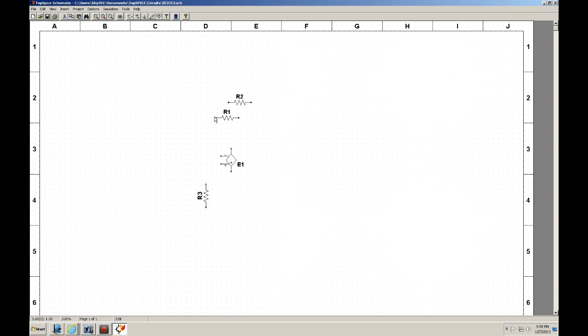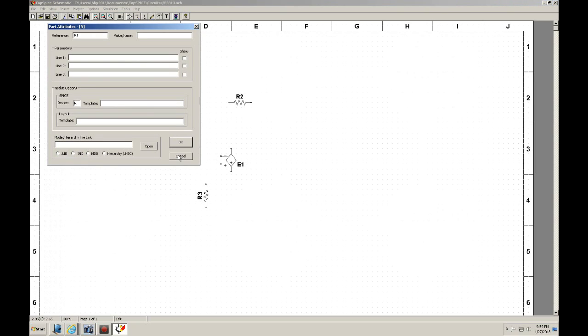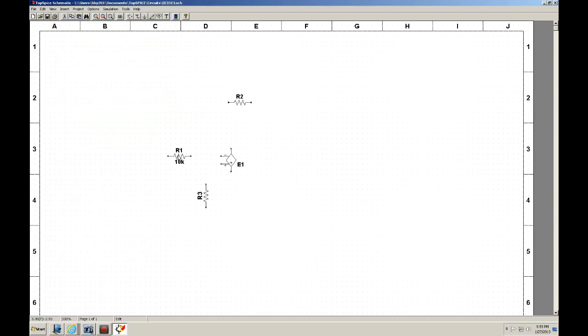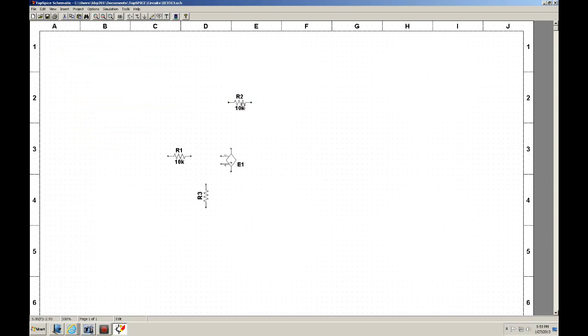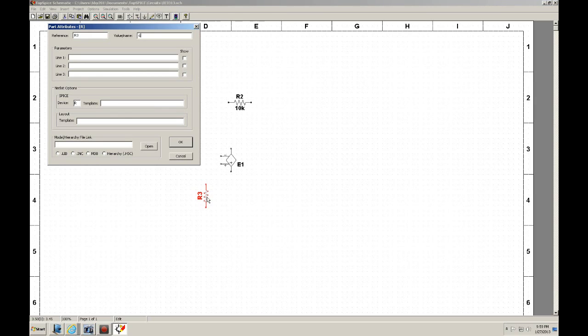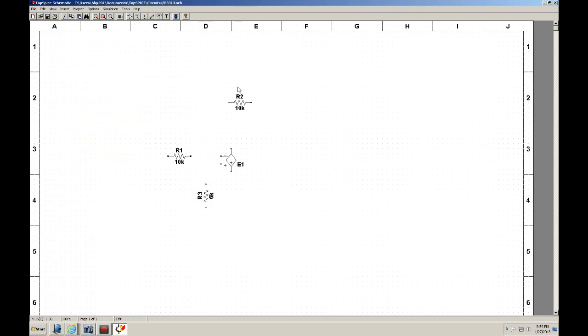Let me change it around so it's consistent. So it'll be 10K, 10K, and it'd be 5K. Remember that that resistor has to be the parallel combination of these two. So we'll put that there, that there.